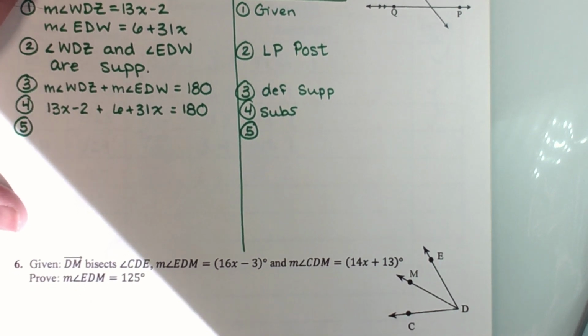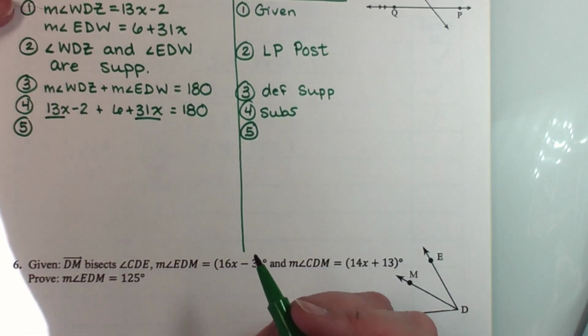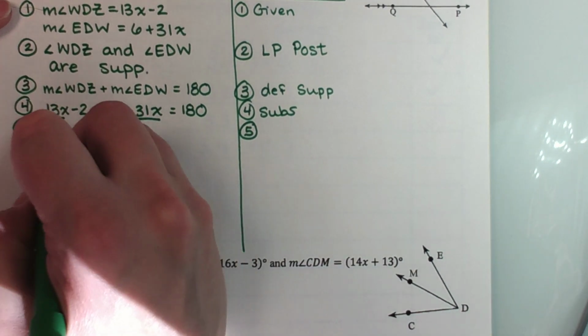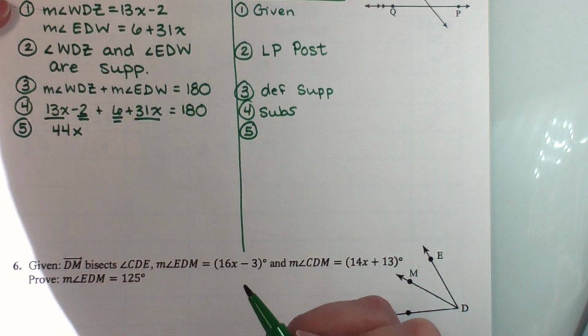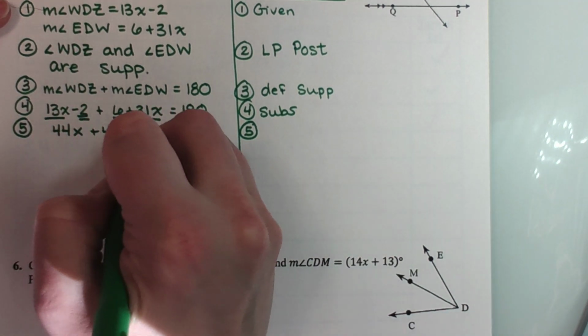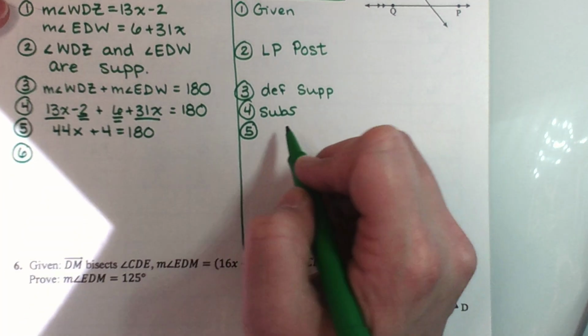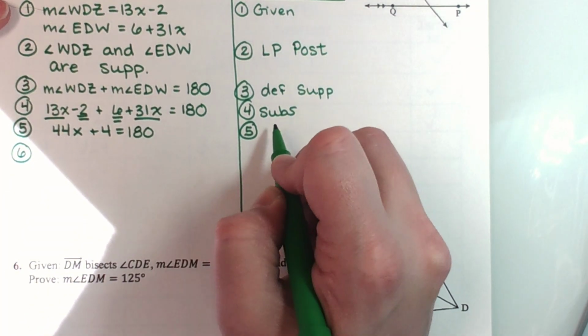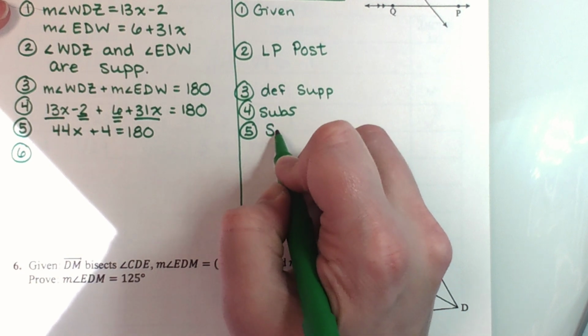Combine like terms. What's 13x plus 31x? 44x. Negative 2 and a positive 6? Positive 4. Simplify.